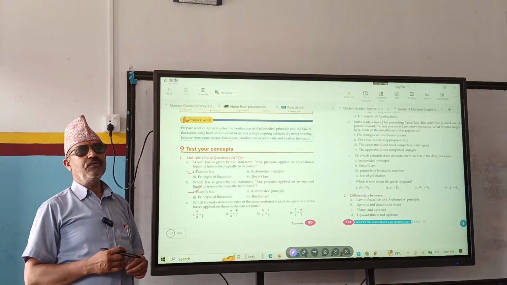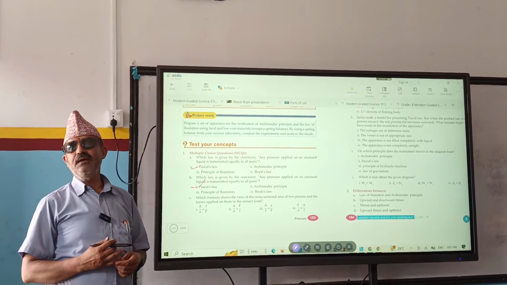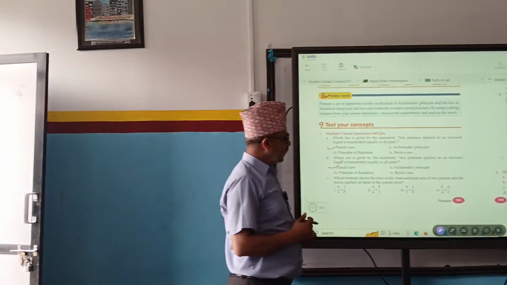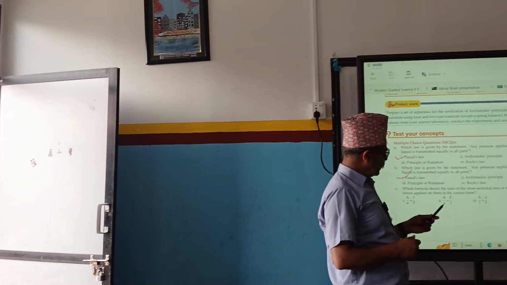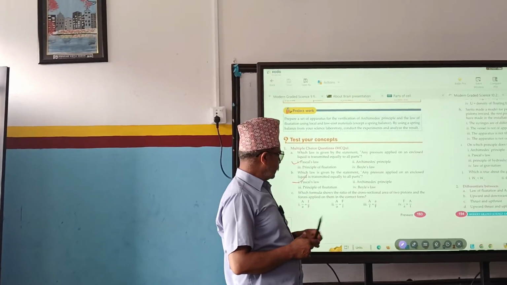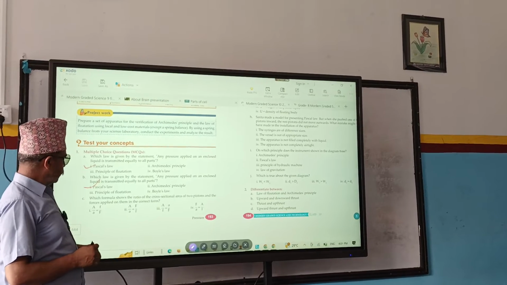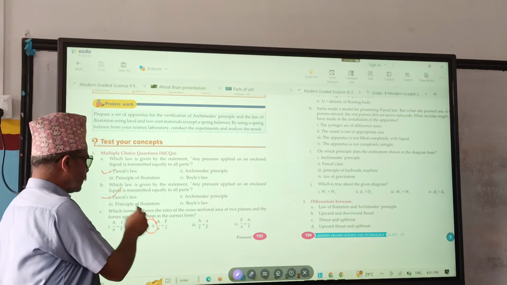So this is the formula of the hydraulic equation. You have already written F1 by A1 equals F2 by A2. That means F1 by A1 equals F2 by A2. It's okay. Which one is correct? Yes, this is correct.